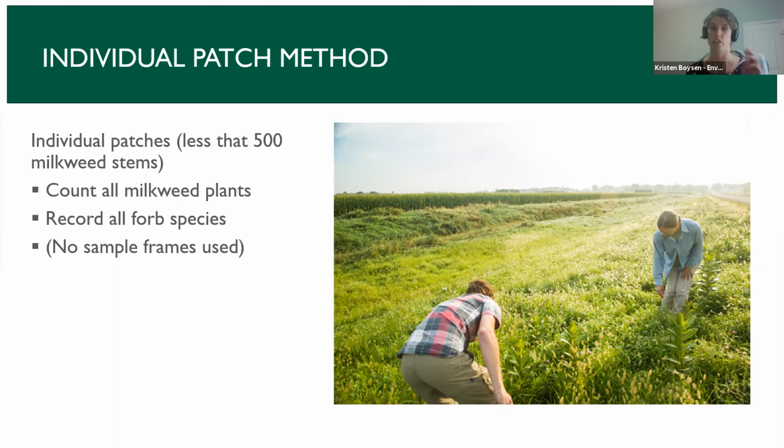So essentially, you do an intensive botany walk, writing down all the milkweed species and individuals, and all the forb species. This is essentially saying, hey, this individual patch, we're going to know everything that's in it that's useful for monarchs, and we don't have to statistically sample transects because we can just know the truth. So that's what these guys are doing. They're just looking around for all their plants.